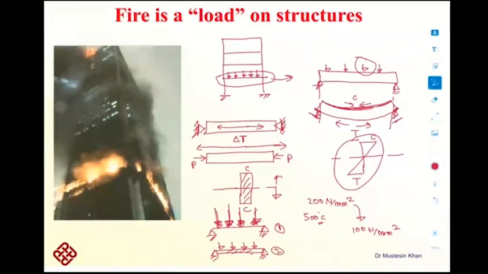It is increasing the stress, and at the same time it is also reducing the capacity. So of the only two ways by which a structure could fail, fire is doing both. That is why fire is so important for structural engineers to study, because it acts in a negative way for a structure and it leads to the failure of structures in many cases.